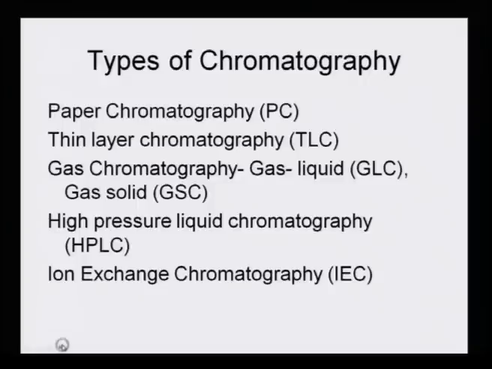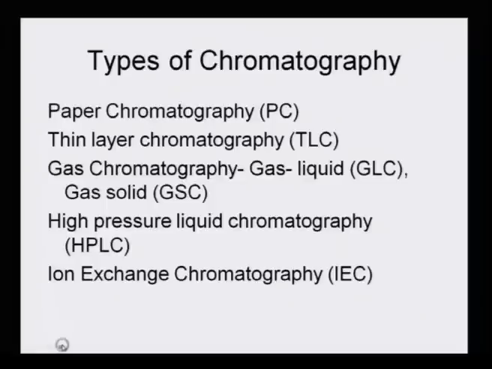There are different types of chromatography: paper chromatography, thin layer chromatography, gas chromatography, which is gas liquid chromatography and gas solid chromatography, high pressure liquid chromatography, HPLC, and ion exchange chromatography, which is IEC.